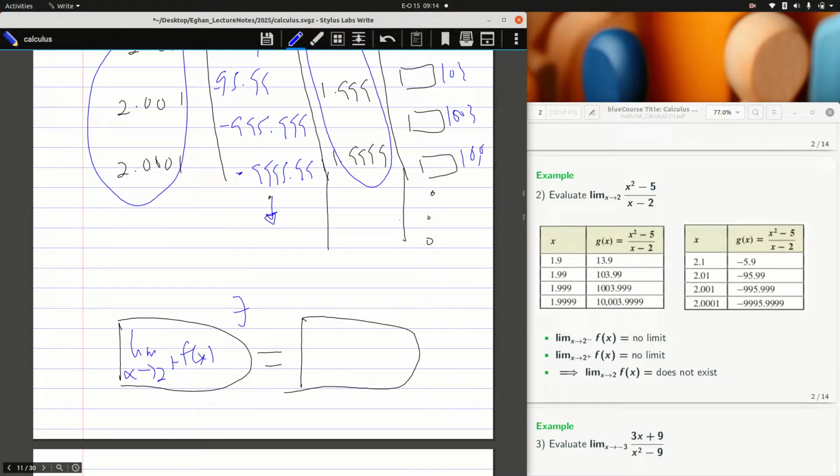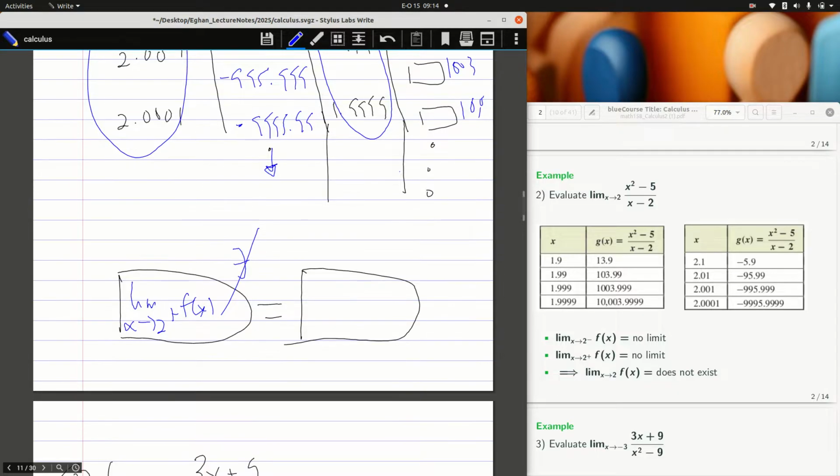If it does not exist, I don't even worry myself to look at what is happening on the other side, because they have to be equal. If they're not equal, the limit does not exist. Fortunately or unfortunately for us, the limit from the negative side too does not exist. And so at the end of the day, the limit of this function does not exist.